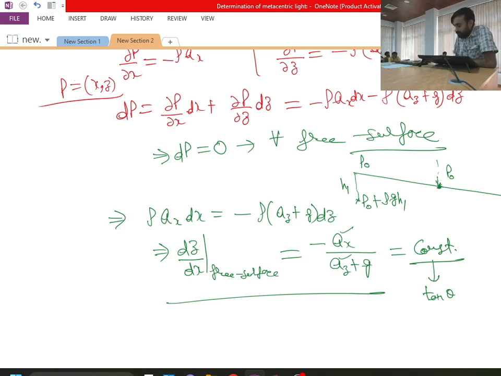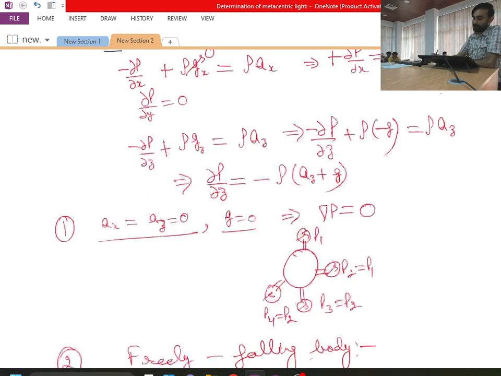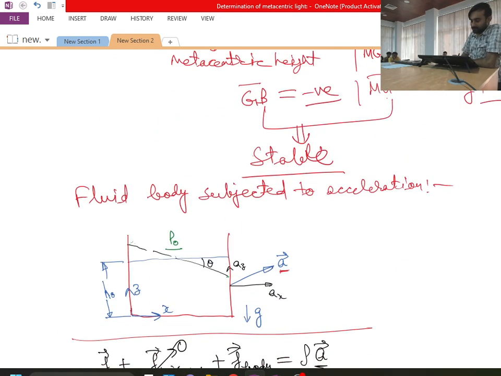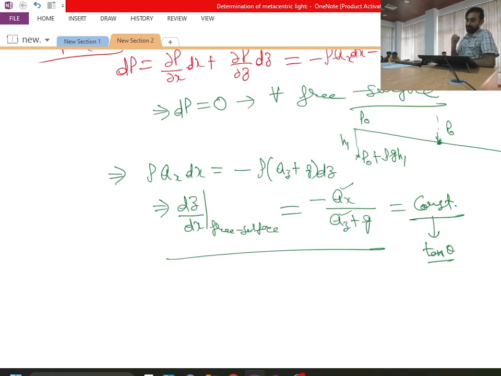So this must be equal to tan theta. So have you understood how to calculate this theta, which we have got as dz by dx for the free surface. Once I know the acceleration values, I can substitute them over here and simply calculate the angle at which my free surface is.